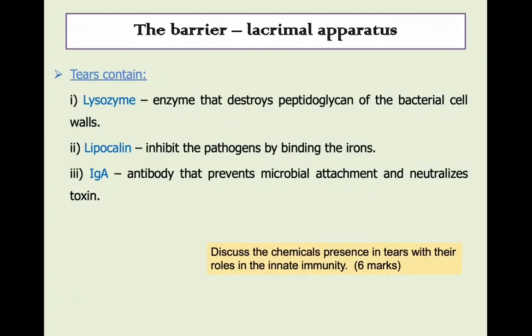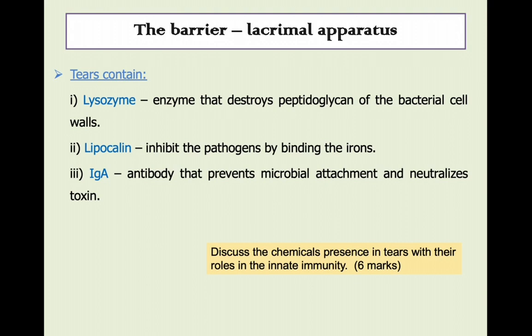Okay, in tears actually it contains three things. Right, the first one is lysozyme, which is an enzyme lah, enzyme that destroys peptidoglycan of the bacterial cell wall. Right, it's a very strong enzyme. Okay, peptidoglycan ni kan dia tebal kan, right? So it can easily be destroyed by lysozyme. And second one is lipocalin, inhibit the pathogen by binding the ions.